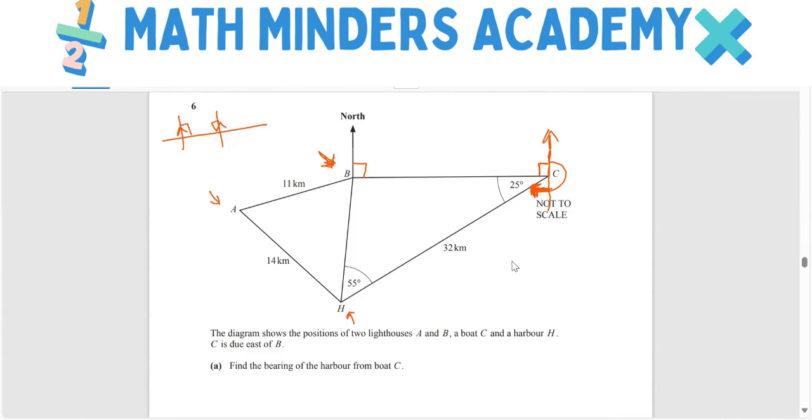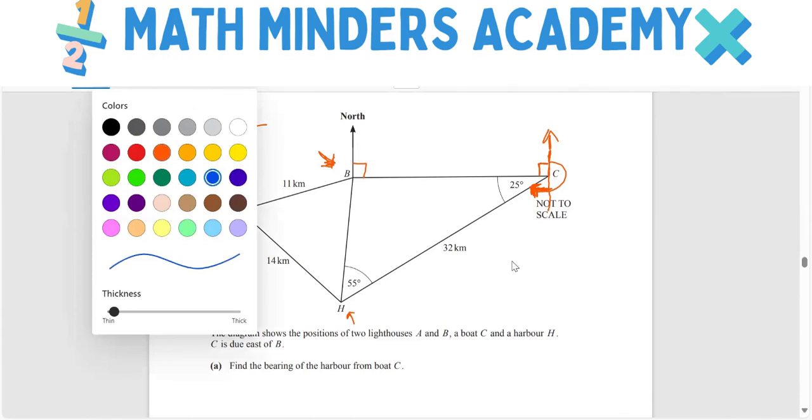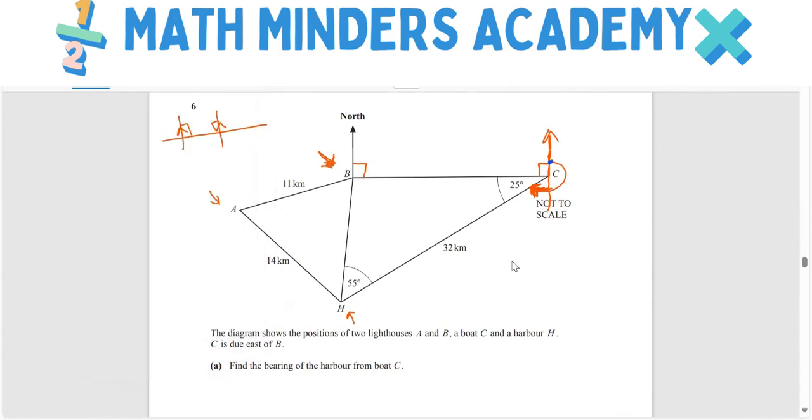Now, from this point to this point is 180, an angle on a straight line. So I only need to find the size of the angle here.